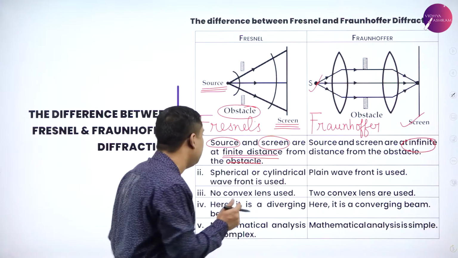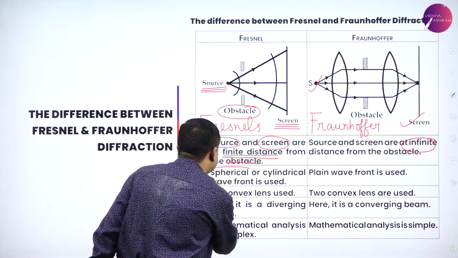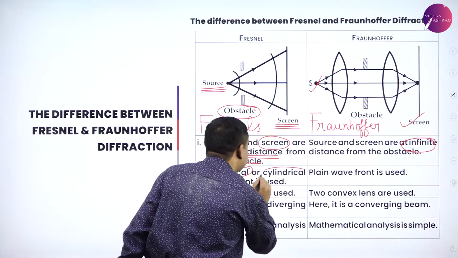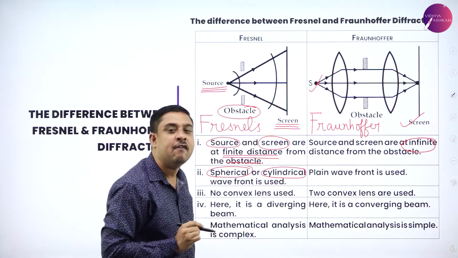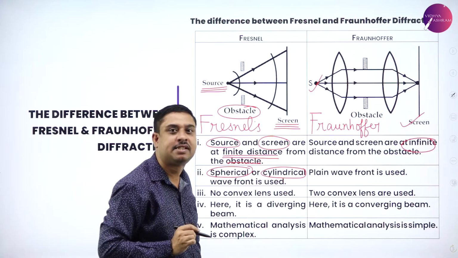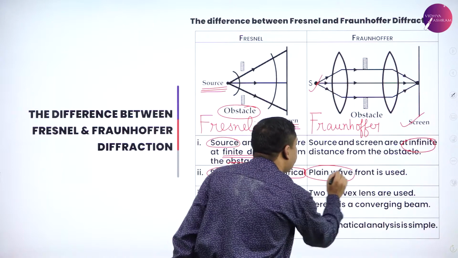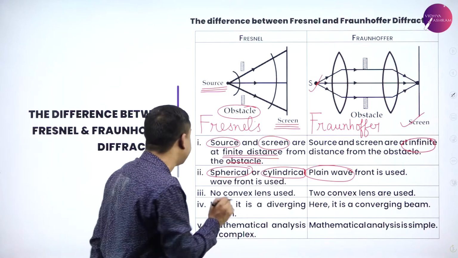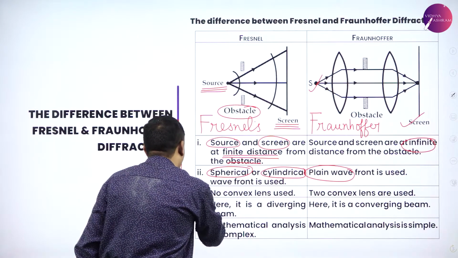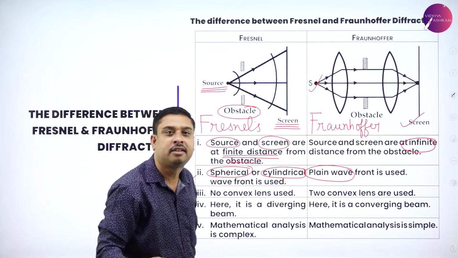Again, Fresnel, spherical or cylindrical wavefront is used, whereas Fraunhofer, plane wavefront is used. So this is always asked as 1 mark.